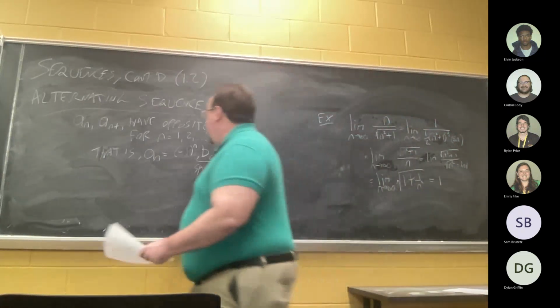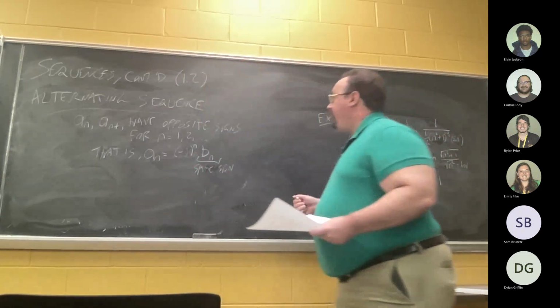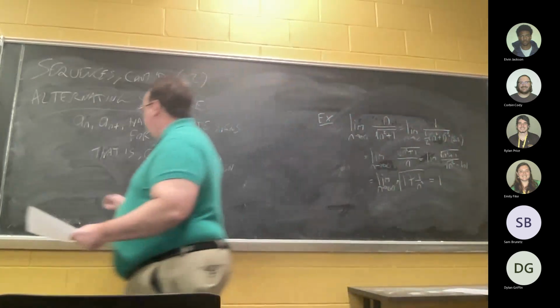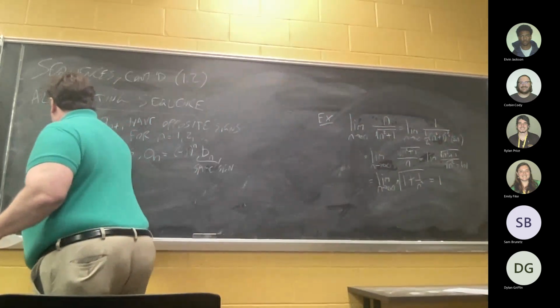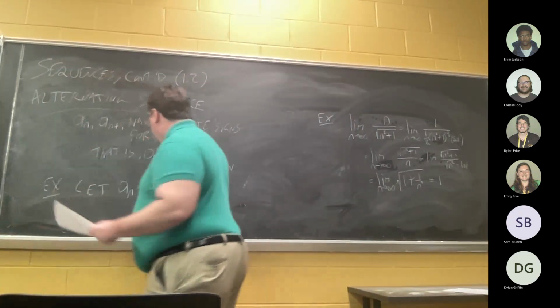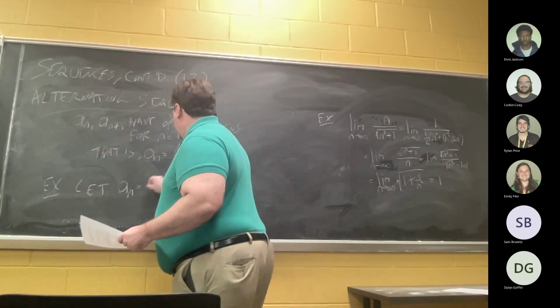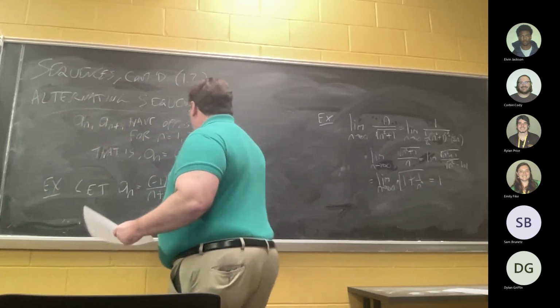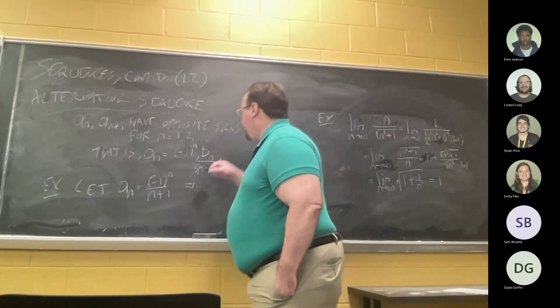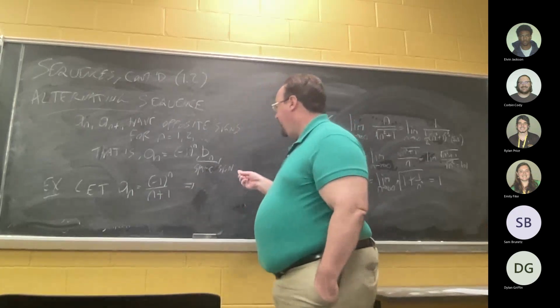The one easy way to see if such a sequence converges, I'm going to show you through an example. I'm going to define my sequence a_n to be -1 to the n over n plus 1.